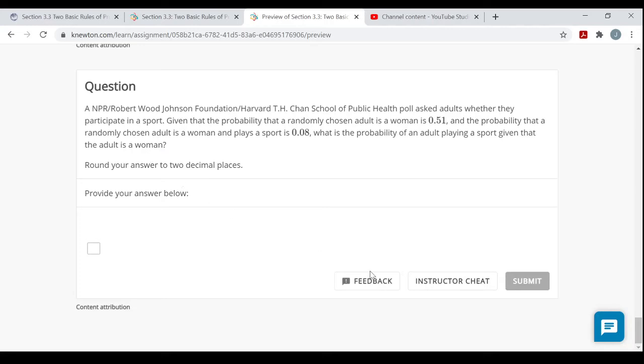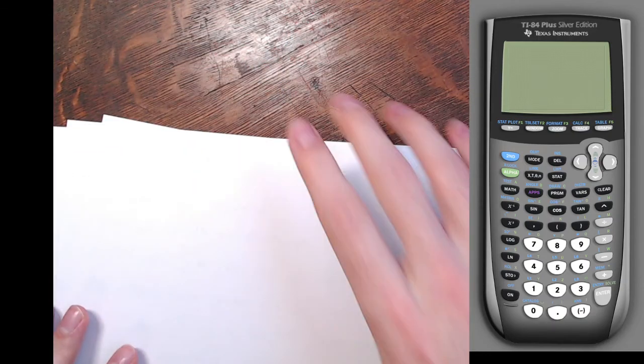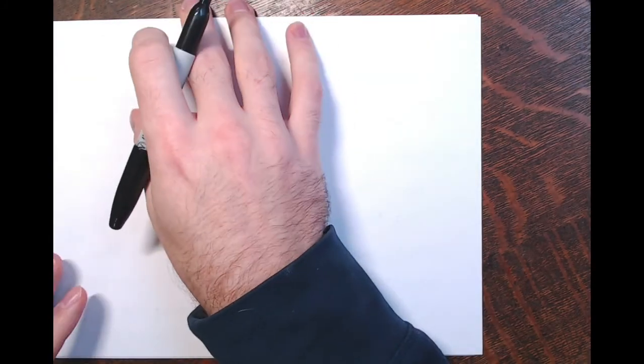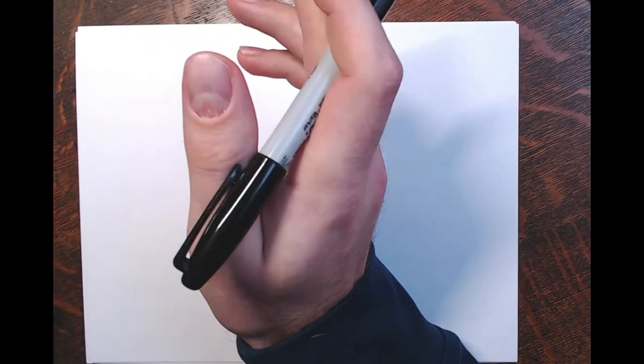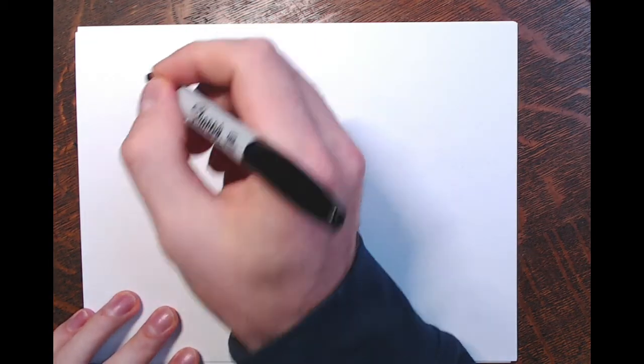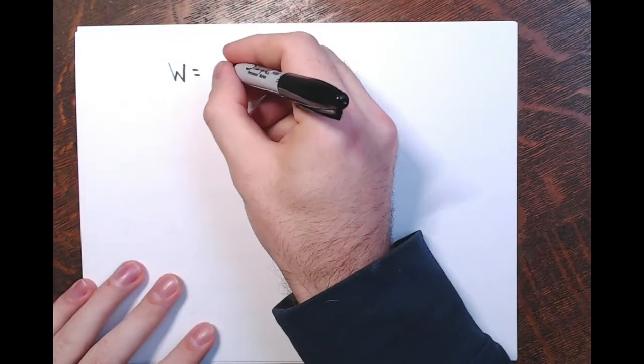All right, so I'm going to write down some letters here on a piece of paper. Get rid of the calculator. All right. So I'll go through these now. I'm going to make up some letters instead of A and B all the time, because it's not always going to be A and B. Let's say W represents the event that the adult chosen is a woman.